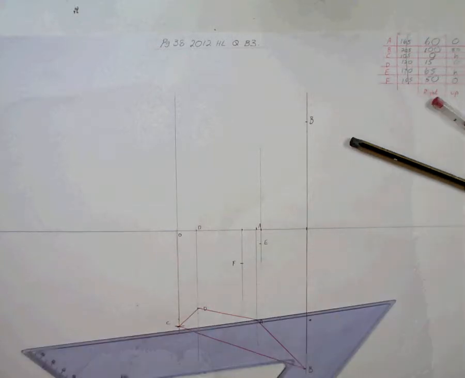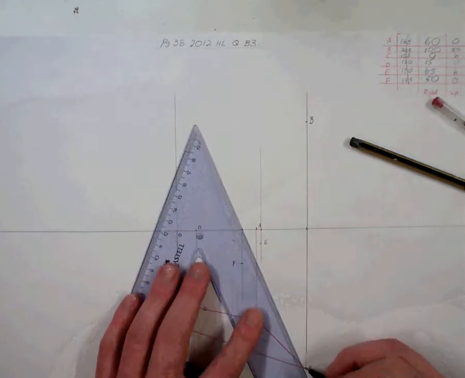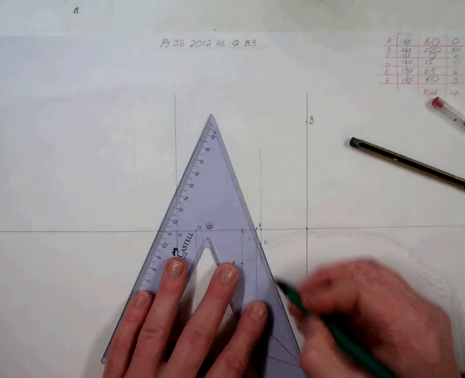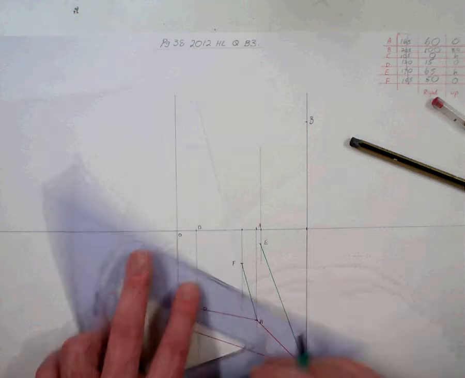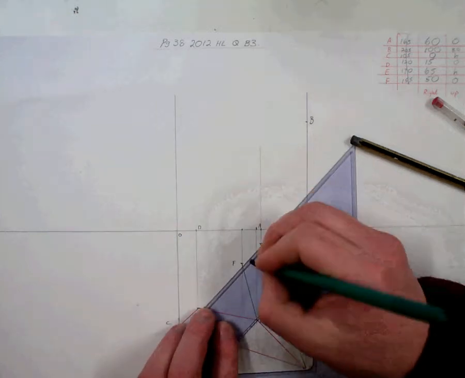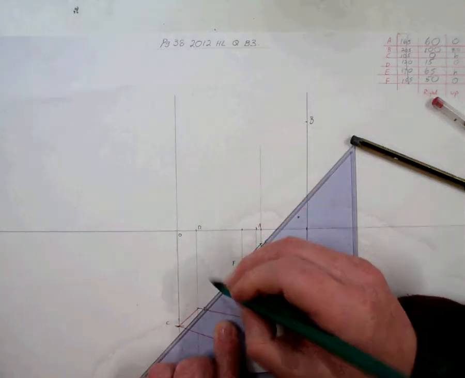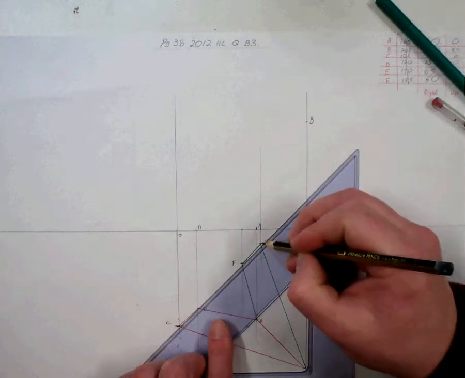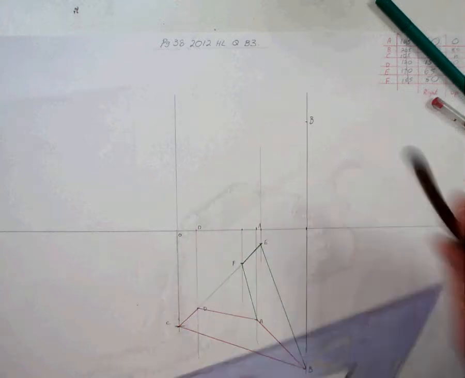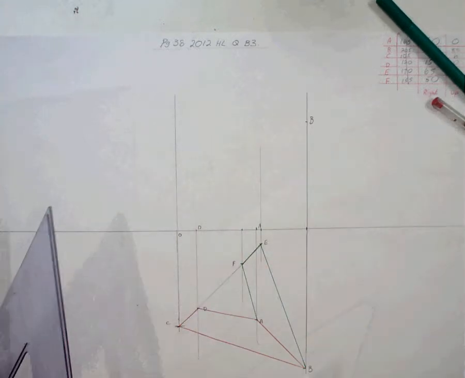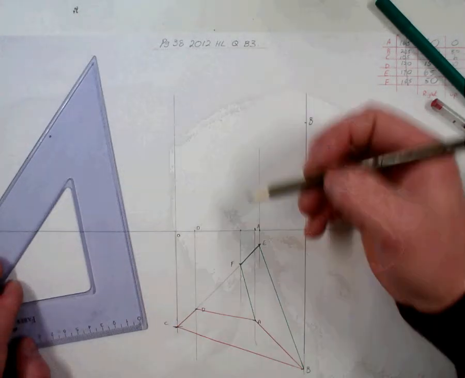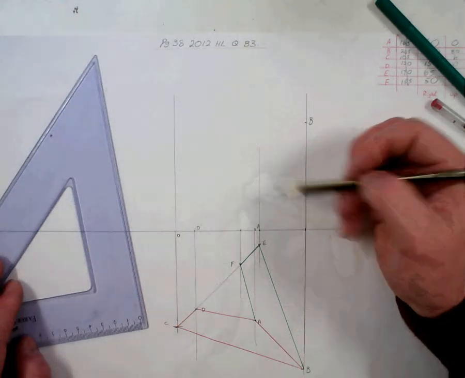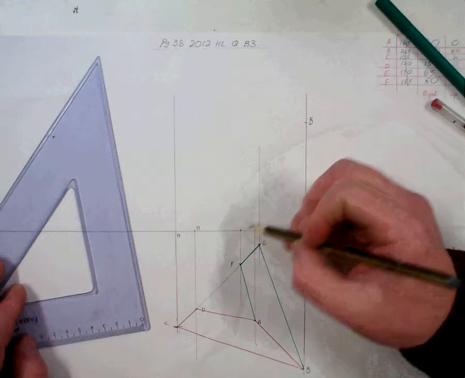And then we do A, B, E, F. Now, in front elevation, I can't really do anything because I don't know where C is up here. I don't know where E is up here. All I can do is join A to B.